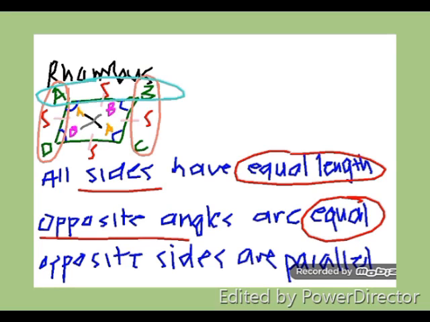AB is parallel to DC and AD is parallel to BC.